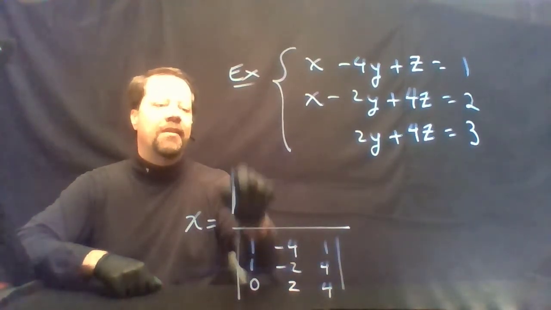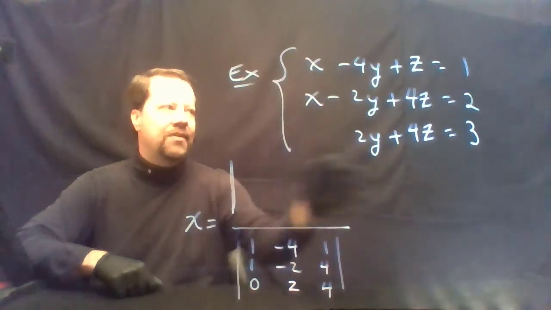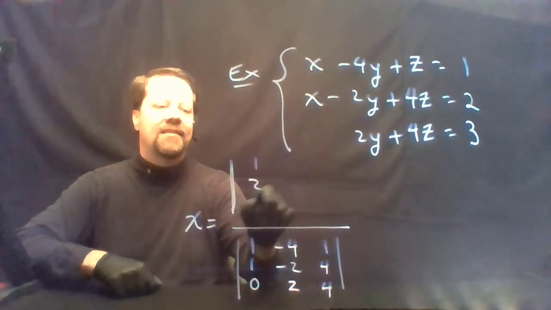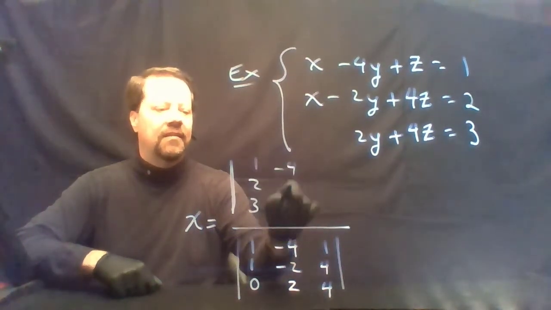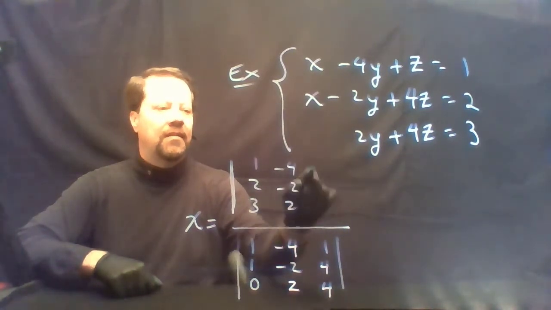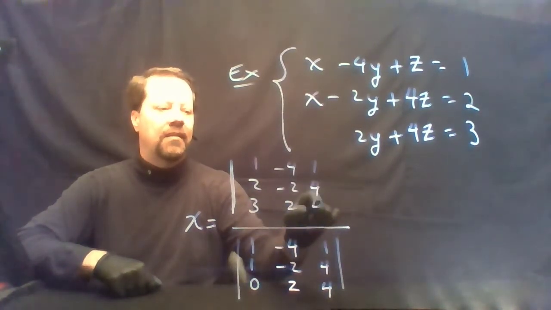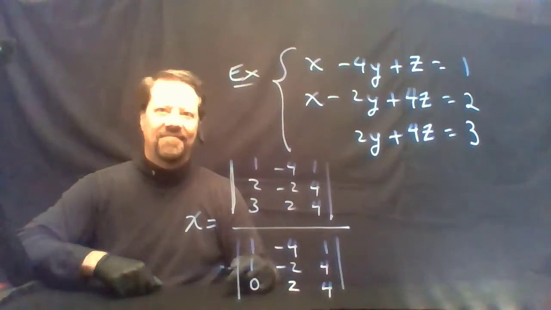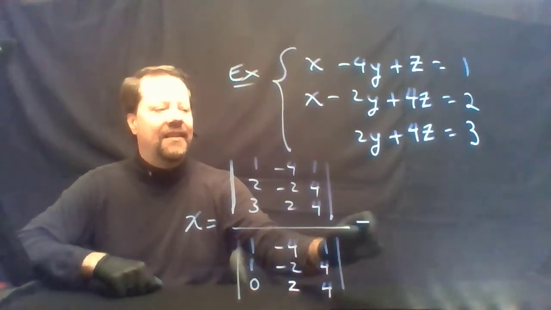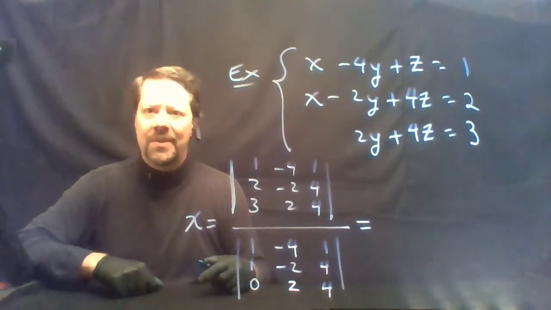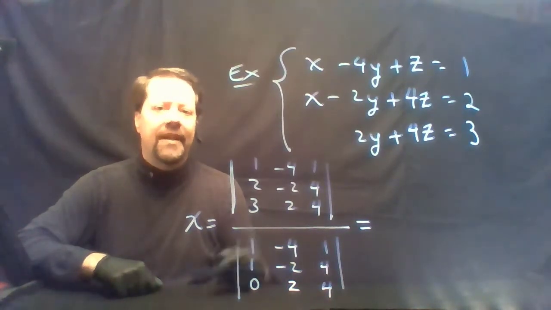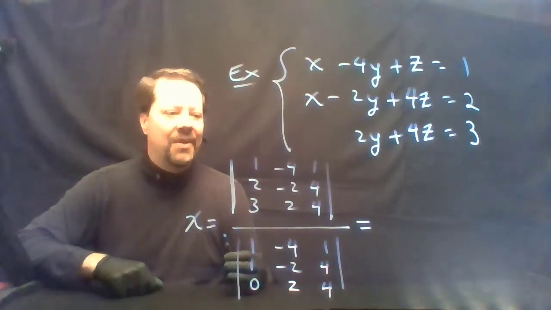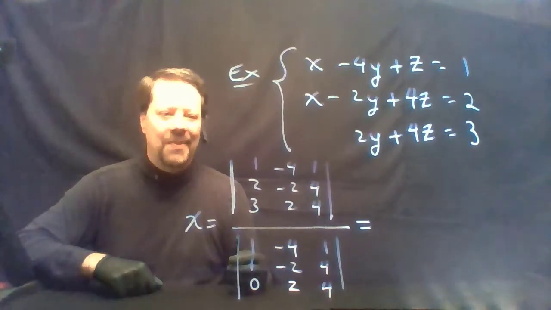The numerator for solving for x will replace x coefficients by the right-hand sides. We can calculate these 3 by 3 determinants more simply if we perform the third elementary row operation to introduce as many zeros as we can.